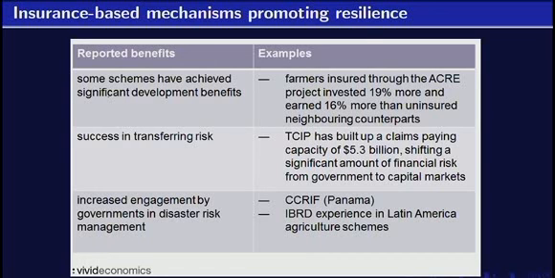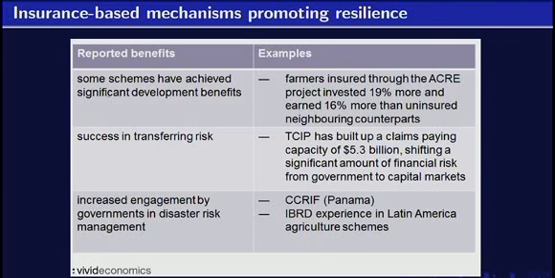And also transferring risk, because you are transferring the burden of thinking, okay, what if I go bankrupt? You have someone to back you up in case something goes wrong. And it also releases the burden from governments, because you're taking the risk to a market where there'll be more support, and you can reinsure.